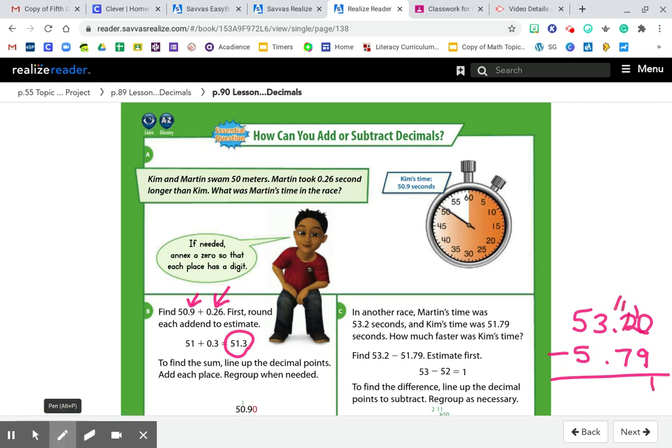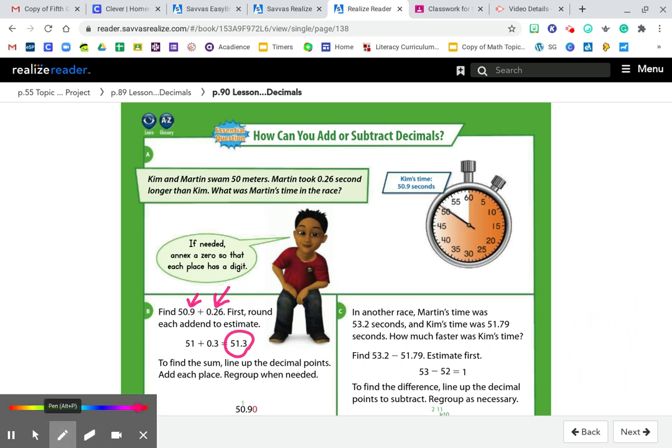Oops. And we borrowed from over here. You know what? I'm going to rewrite that one because that was super sloppy. All right, let me do that again. So we have 53.2 and 51.79.